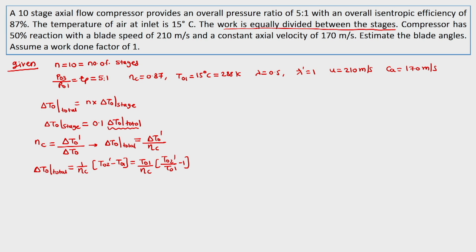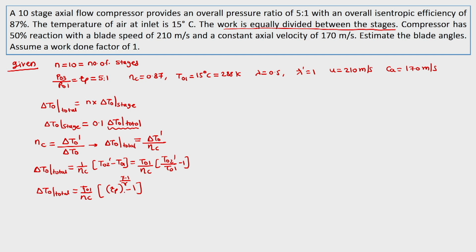We can use the relation, which is isentropic relation, for the total temperature ratio. So we can have T naught 1 upon compressor efficiency into Rp, pressure ratio, bracket raised to gamma minus 1 upon gamma, minus 1.